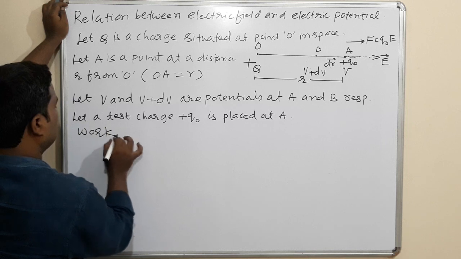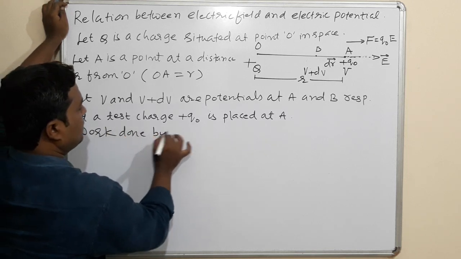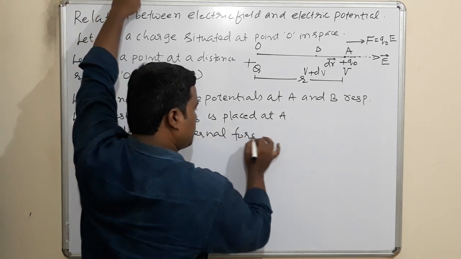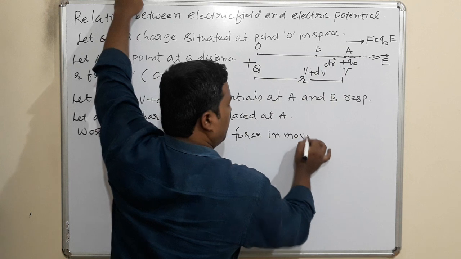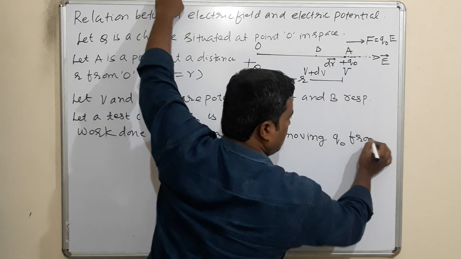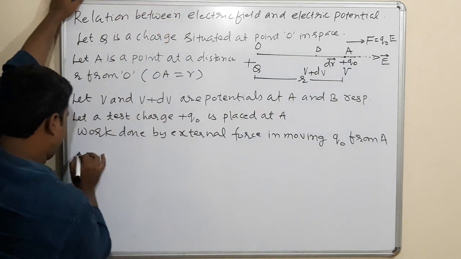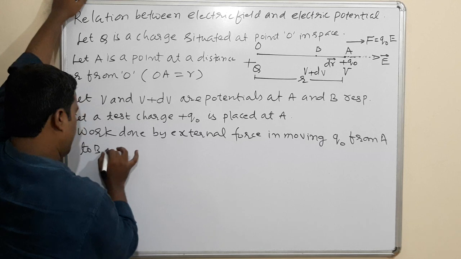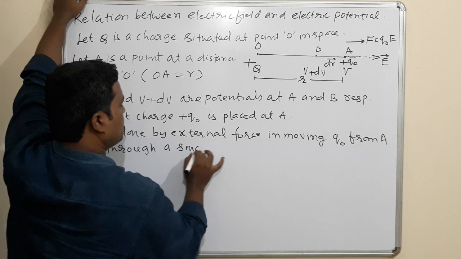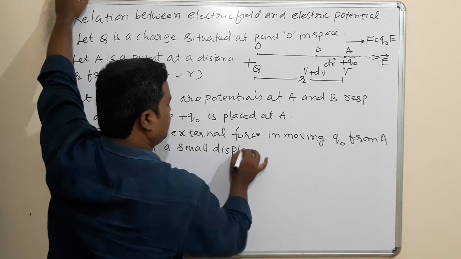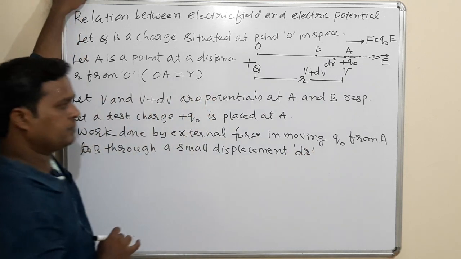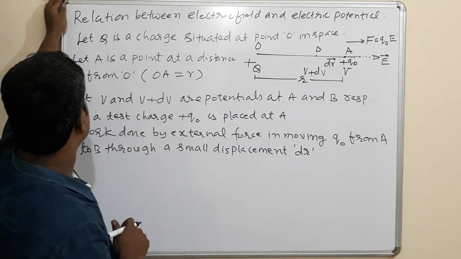Work done by external agent or external force in moving test charge Q naught from A to B, through a small displacement dr. Then what is the work done by external force?